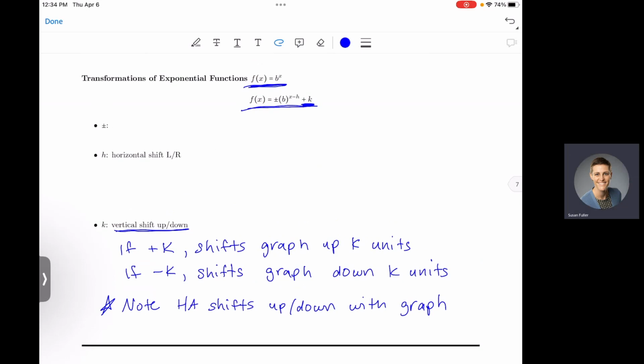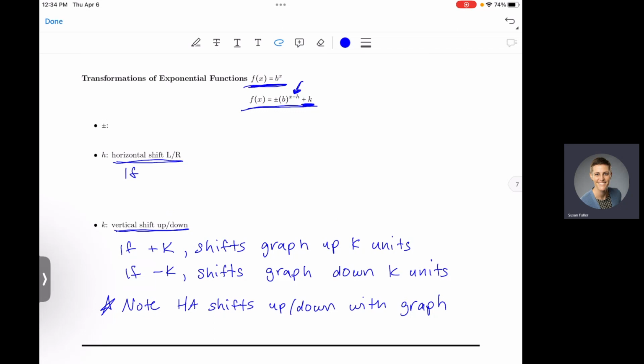What if we add or subtract numbers up here with x? This is just like adding or subtracting inside the function with x, and this is going to shift us horizontally, left and right. And if we are adding or subtracting inside with x, it's going to go the opposite way you think it will.